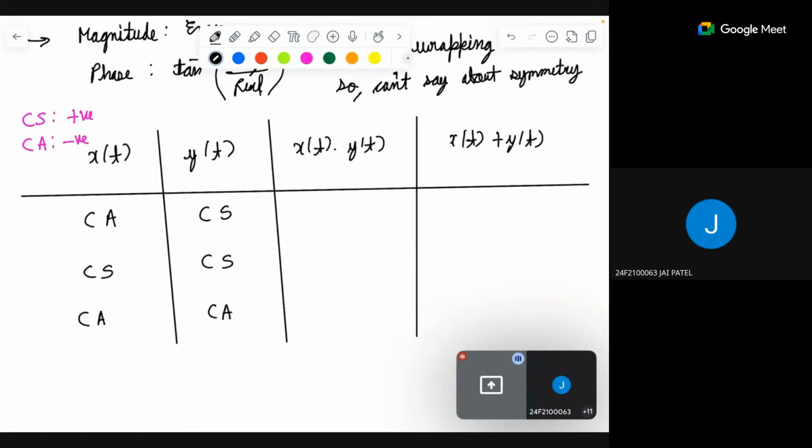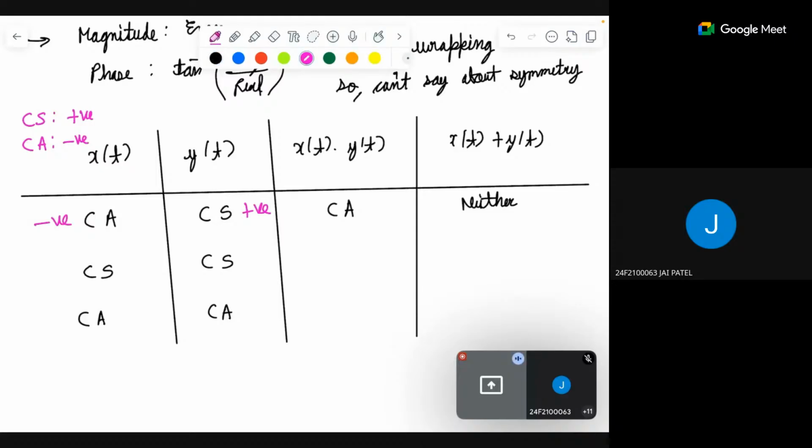Yes, the product will be conjugate asymmetric. How can we see that? This will be positive and this will be negative. Positive into negative gives negative, so I will write conjugate asymmetric. Now, when we talk about their sum, when we add a positive and a negative number, we do not know what it will be. So it will actually be neither conjugate asymmetric nor conjugate symmetric.